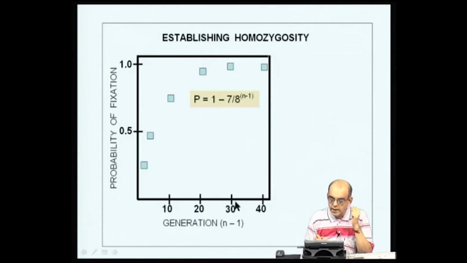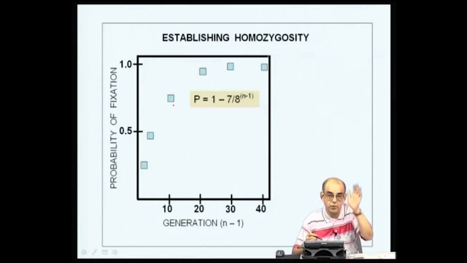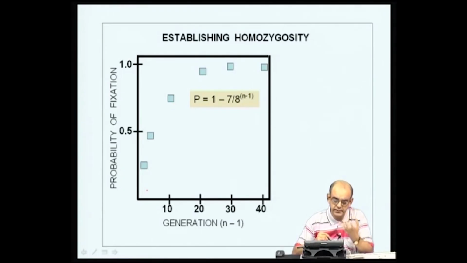So, they put this on the x axis and they had a statistical formula that told them that if you went on doing this with brother sister mating, you could establish homozygosity in all the chromosomes, in all the genetic material, excuse me, except for the sex chromosome, by this particular graph.